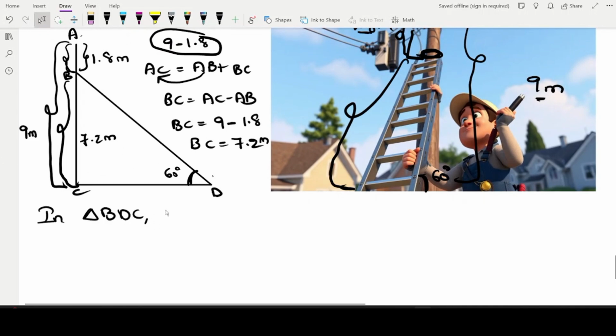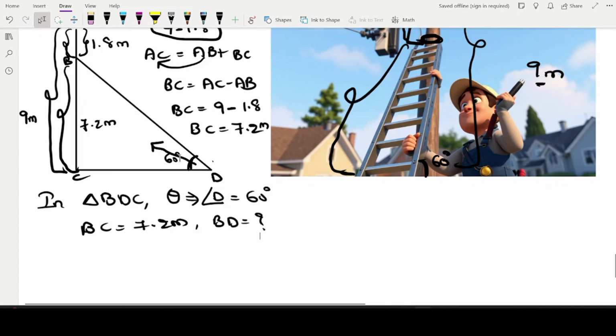Triangle BDC, angle D or else the theta, which is angle D, is 60 degrees. The length of BC part, which is 7.2 meters, and is asking us to find the length of the ladder, which is BD. If this is the angle, the side opposite to the angle will be opposite side.